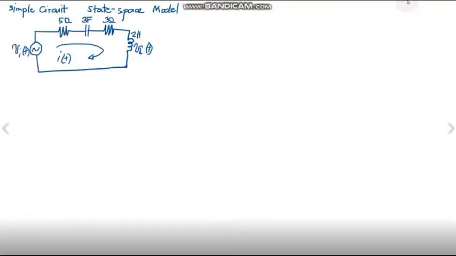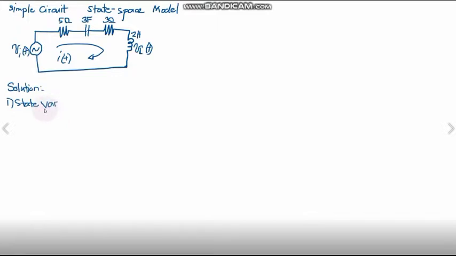Okay, now we're going to discuss the state space model of the same simple circuit with the given values of 5 ohms, 3 farads, 3 ohms, and 2 henries. To solve, we first identify the state variables.